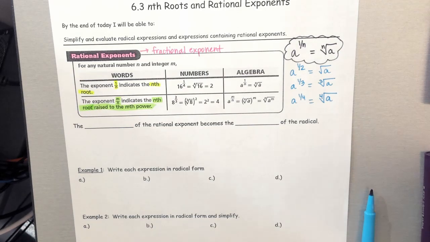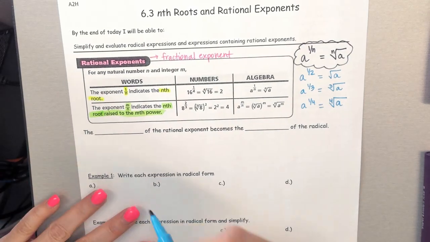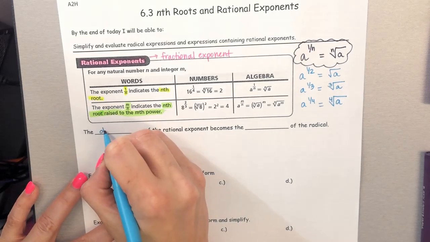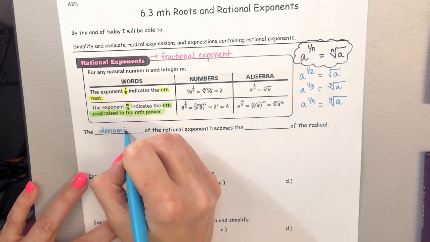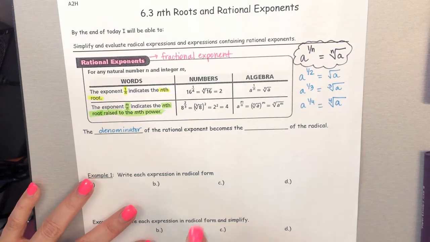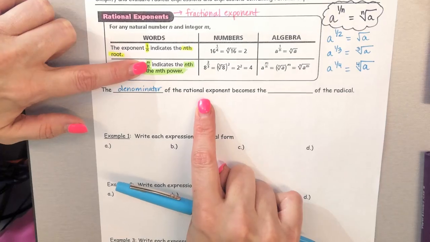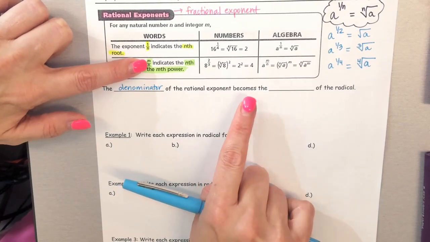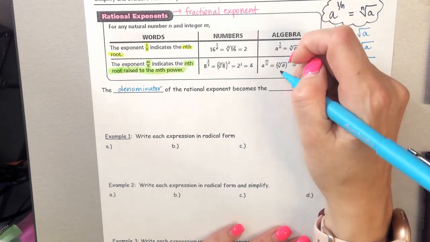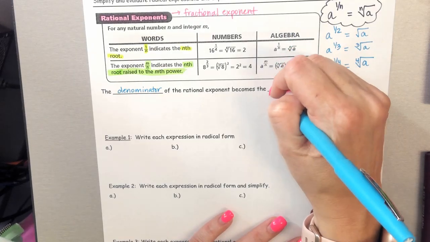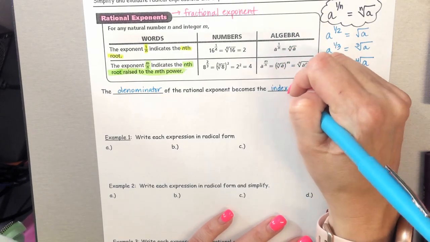Okay, it's the nth root raised to the mth power. So what that means is the denominator of the rational exponent, that's the n value, becomes the index of the root.